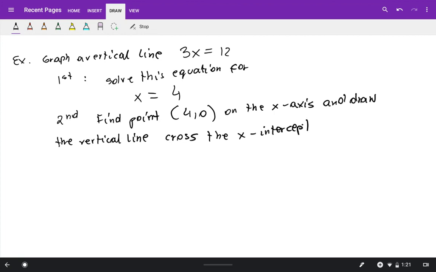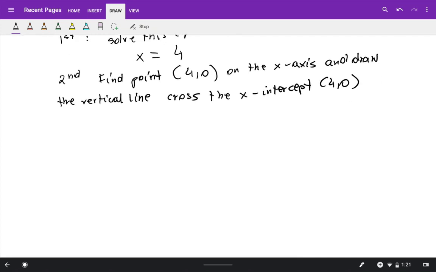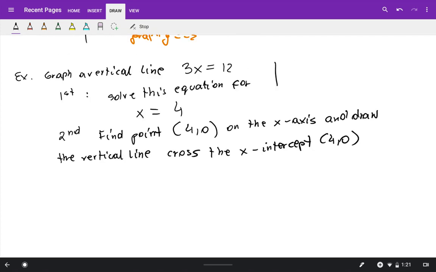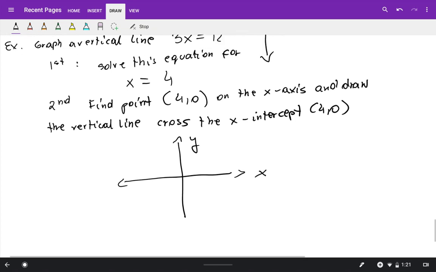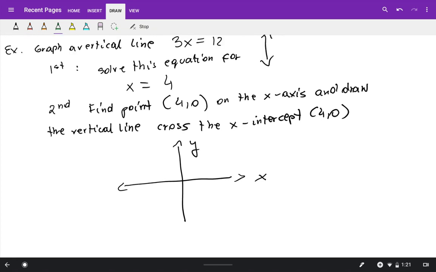So let's use the same idea. Find x equals 4 on the x-axis: 1, 2, 3, 4.